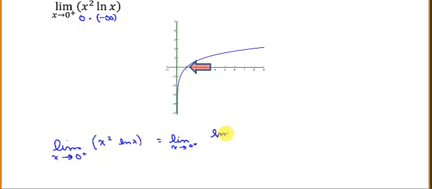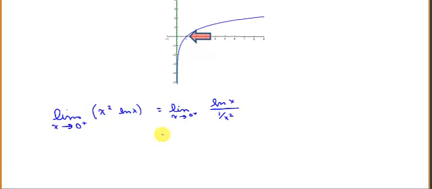So I'll have the natural log of x divided by 1 over x squared, or that will be the limit as x approaches 0 from the right of the natural log of x divided by x to the negative second.